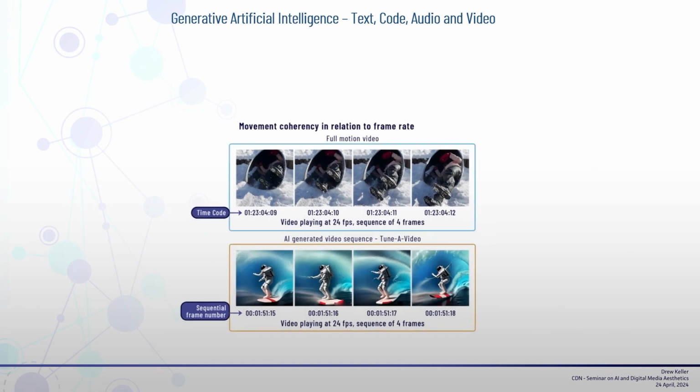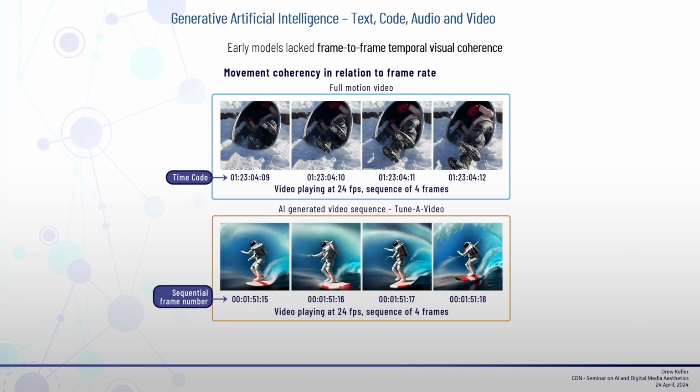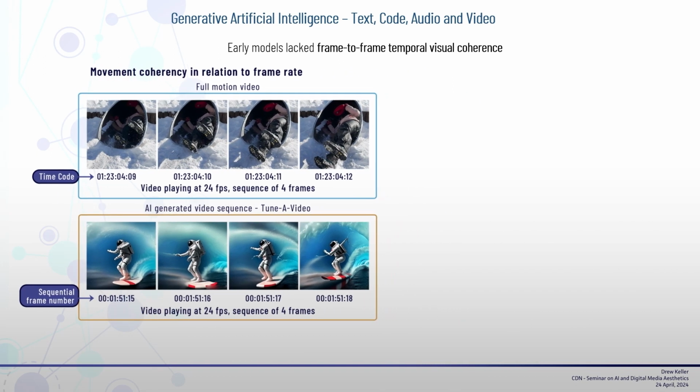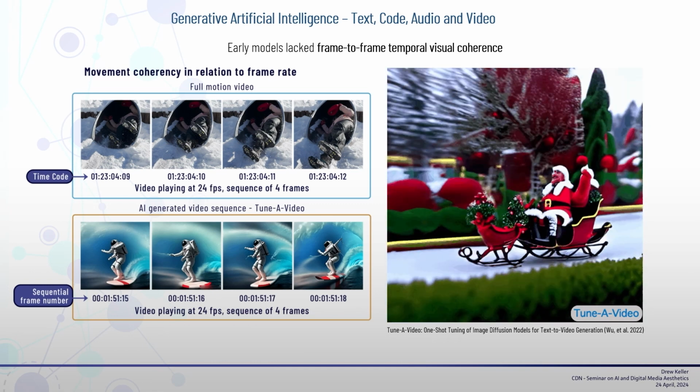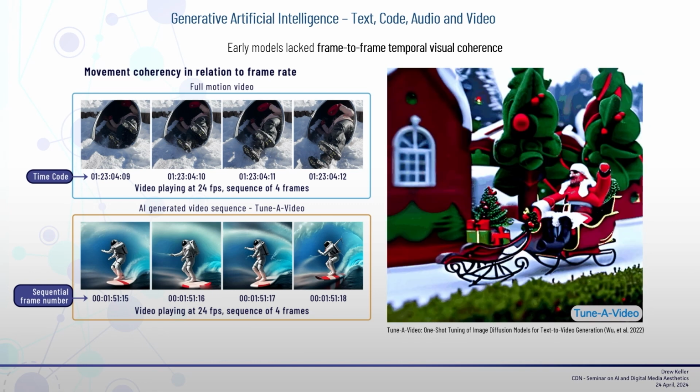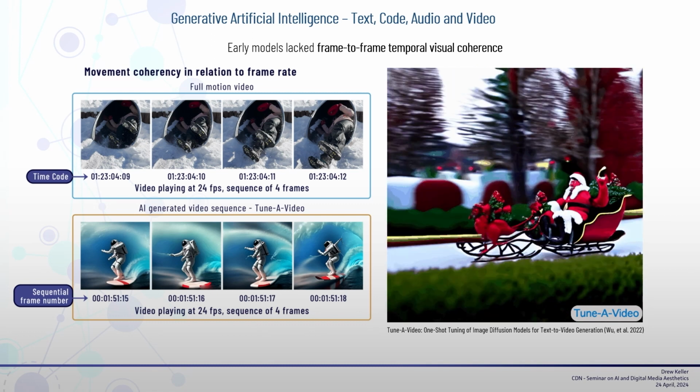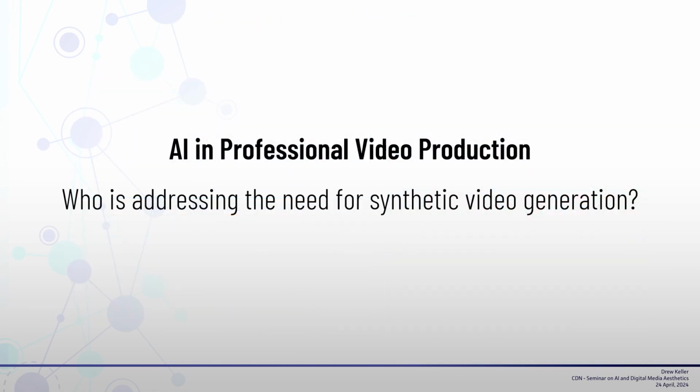And the consequence of this inability to manage the idea of images over time is you ended up with incredibly random looking videos. So this is where we were about 18 months ago, and as you'll see, it's changed significantly.